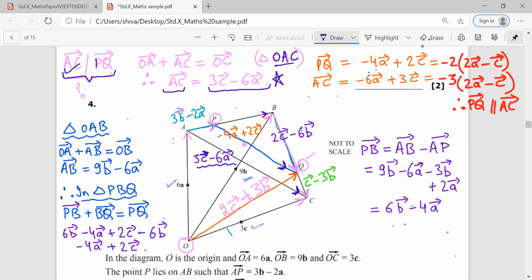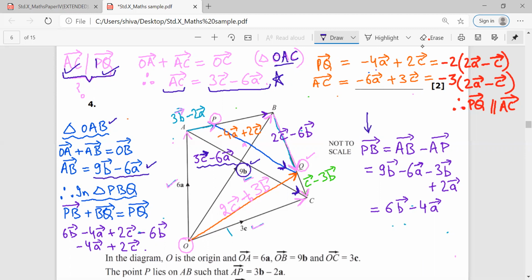The next thing is that I need to find the value of PQ. PQ is this line joining the 2 points. Now I'll consider triangle OAB. From triangle OAB, I need to find the value of AB. AB would be equal to 9B minus 6A. Once I have found vector AB, I will find the value of PB.